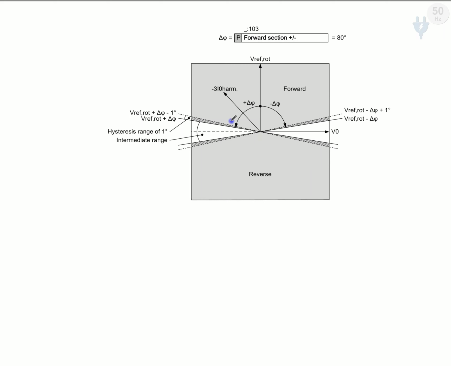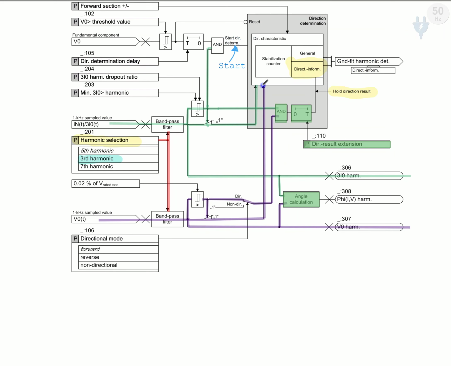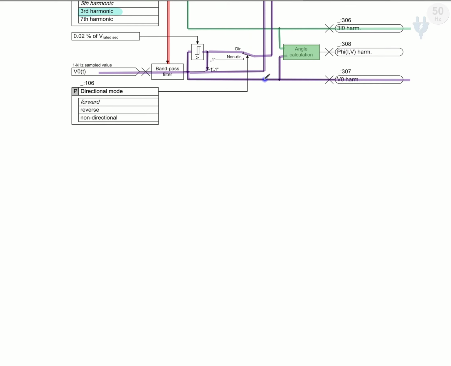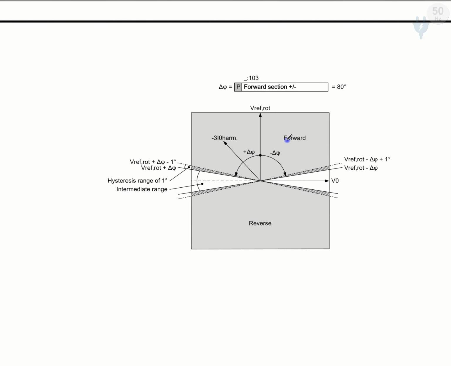In the third session, we discussed the stabilization counter and the direction determination areas, how these values should be given, and that the V0 is rotated. We covered the harmonics of zero sequence current, the harmonics of zero sequence voltage, the angle between the two, and the reverse, forward and intermediate directions.